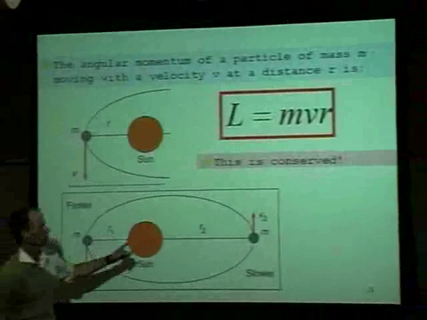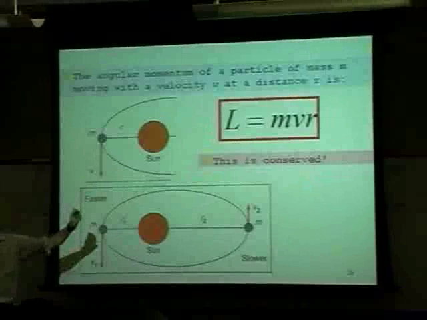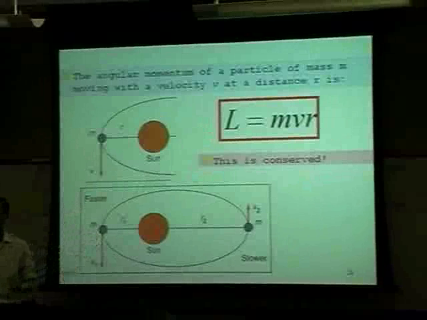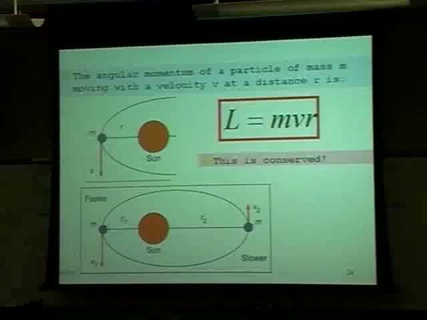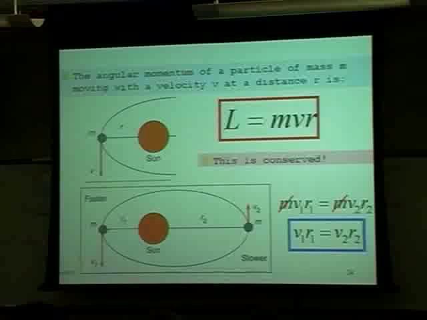So say R2 is further away, so V2 is proportionally smaller in order to make that product, mvr, the same constant. So we can say mV1R1 is equal to mV2R2. Masses cancel out. If you're a planet, your velocity times your distance from the sun is a constant. So as your distance gets closer, you move proportionally faster.